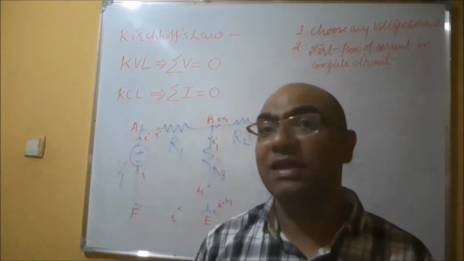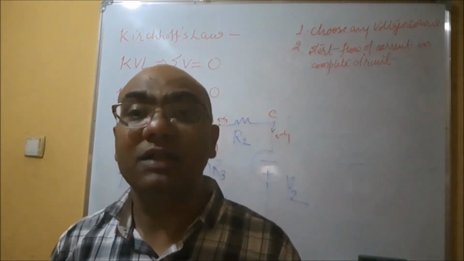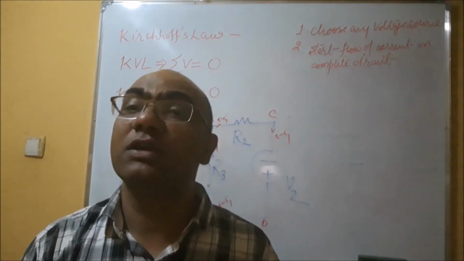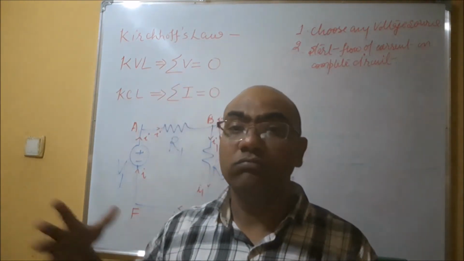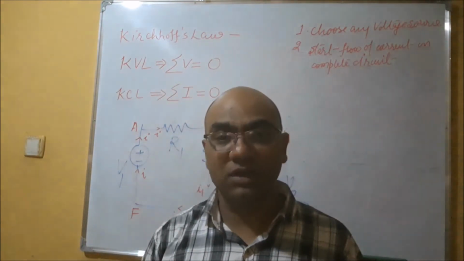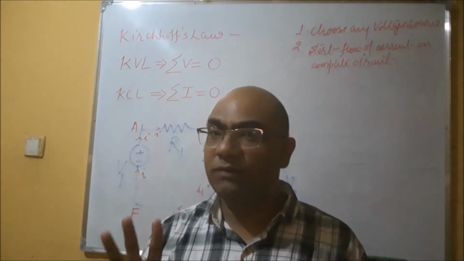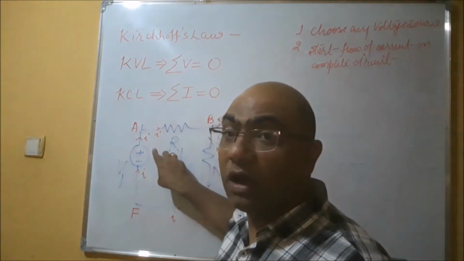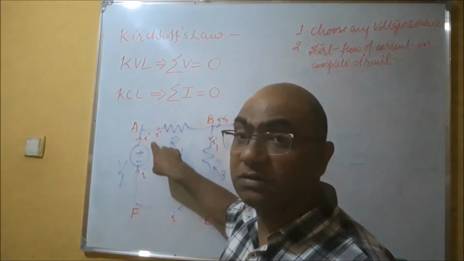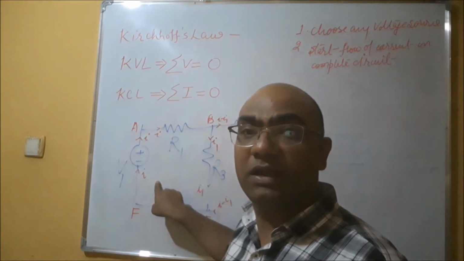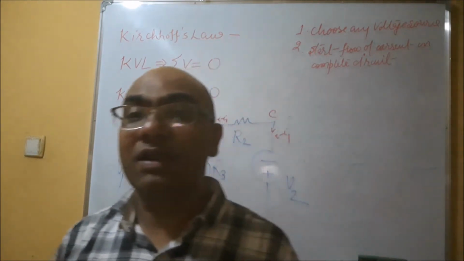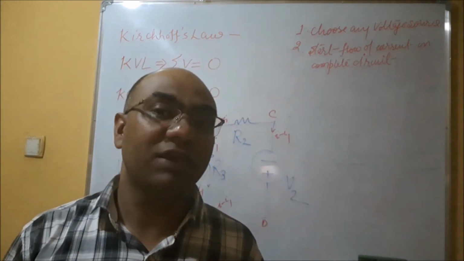If it is so, then your second point is correct. Otherwise, you have to check whether you made a mistake in distributing the current in the whole circuit. Since we are okay here, because our current I is going out from the positive terminal and the same current is coming at the negative terminal, we will say we are correct for the second point.